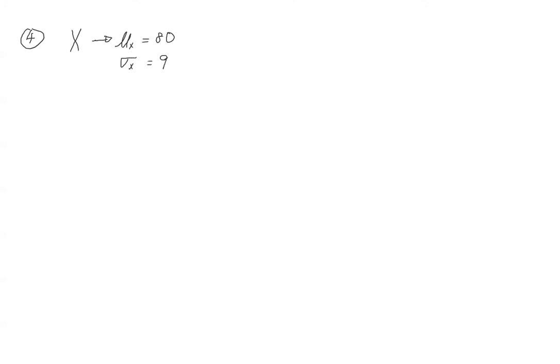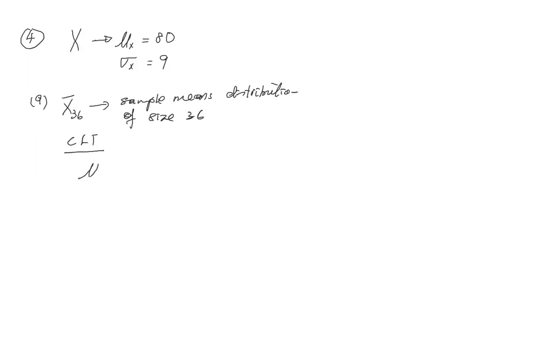Okay, then part A. They say I have a sample. So this is my sample mean distribution of size 36. So according to CLT, the mean for this distribution will be equal to the mean of the population, that is 80.